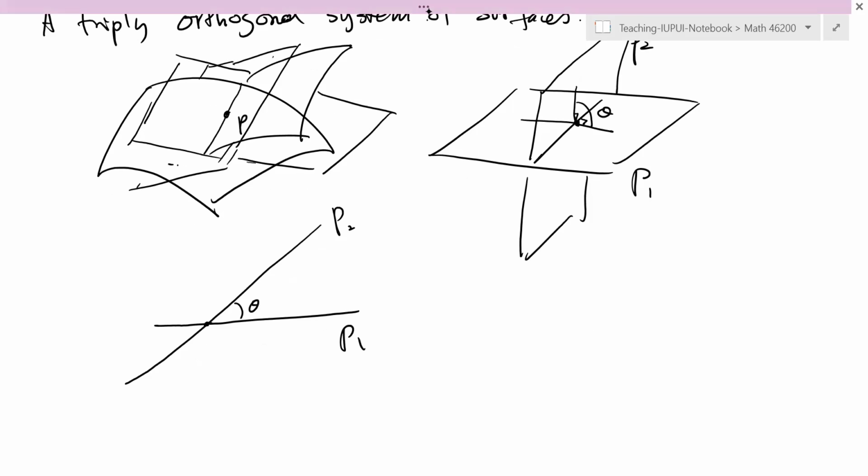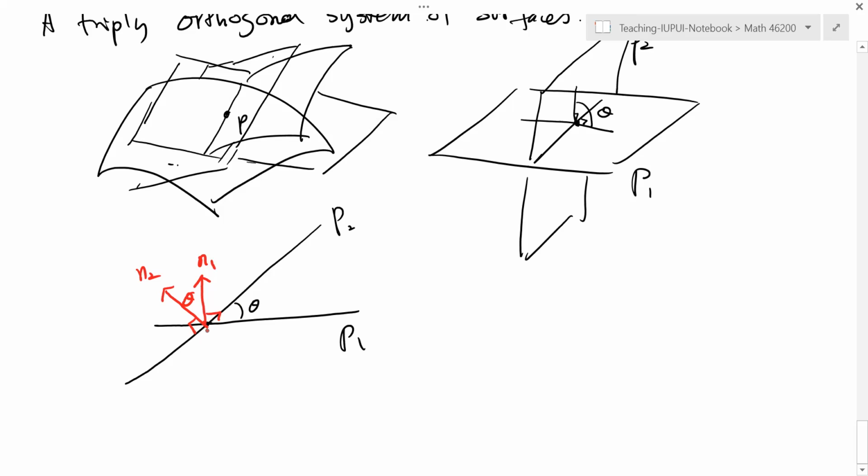I use a normal vector n1, then another normal vector n2, and clearly this angle is the same as the other angle. So you can use normal vectors to find the angles. Then you have to decide which vector is the normal vector. There are two choices, and different choices give different angles, maximum only two angles.